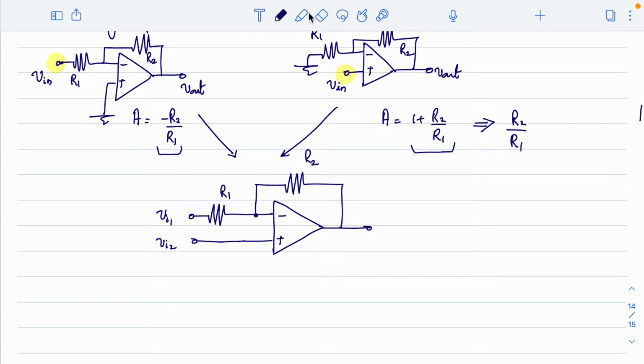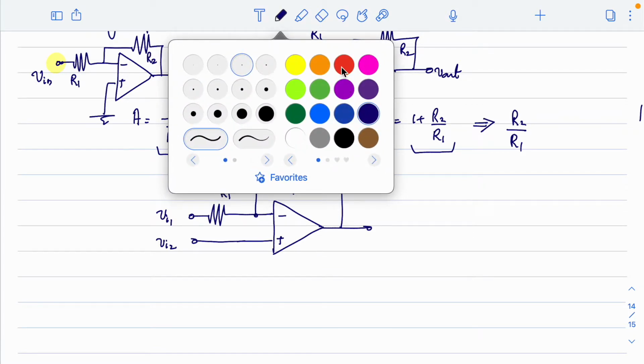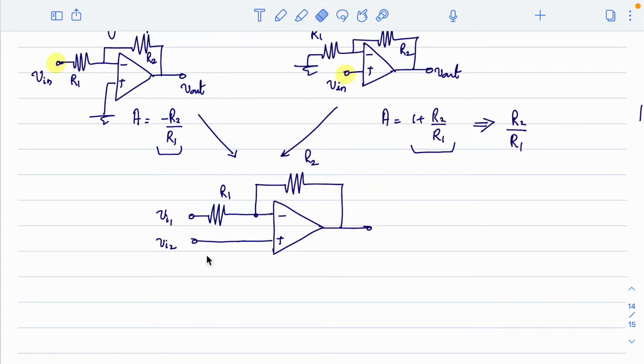So one modification we will do to this main circuit, and I'm showing the modification using a different color. In order to make the gain of the non-inverting amplifier also equal to this inverting amplifier, the idea here is to add two more resistors. Instead of directly connecting Vi2 here, add two resistors.